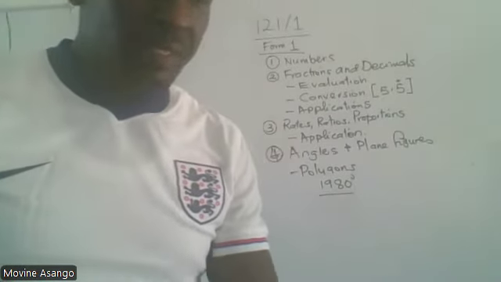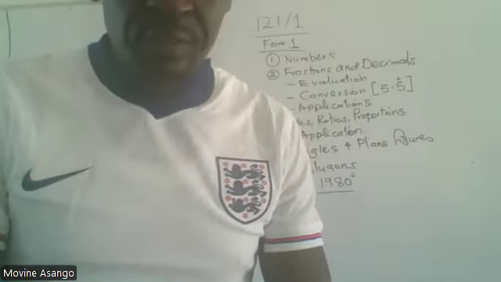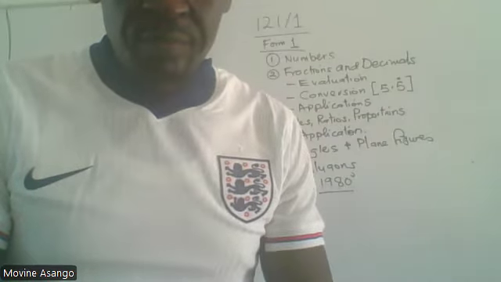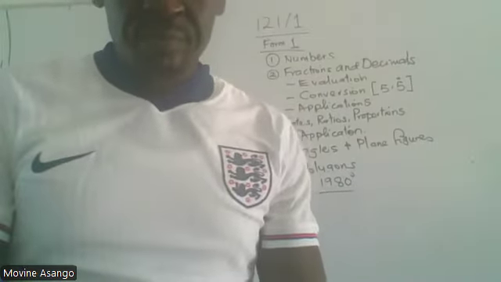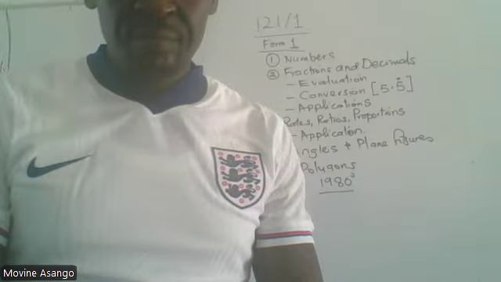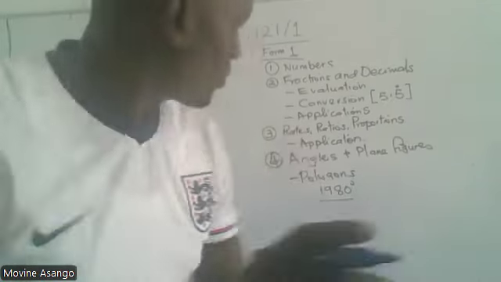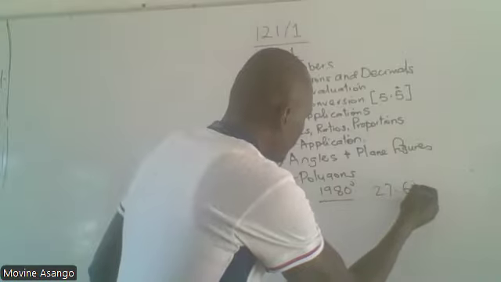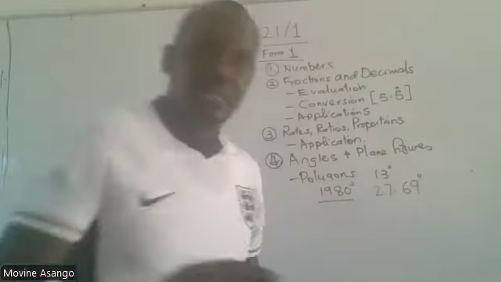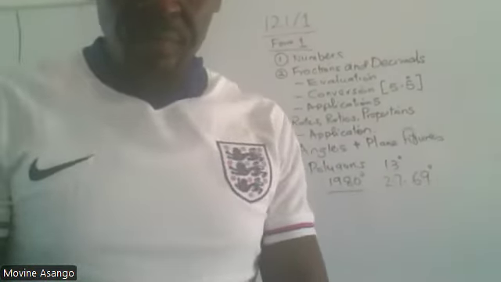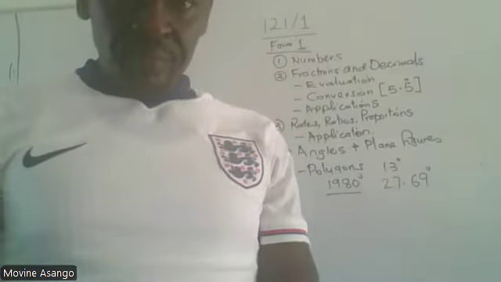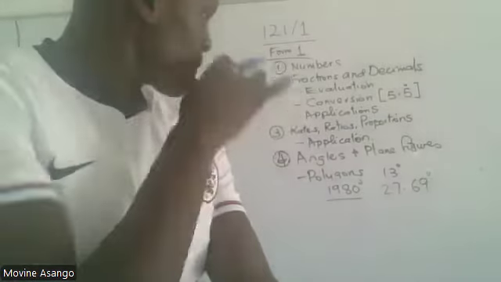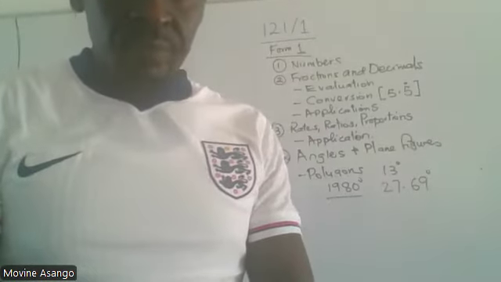13. Otieno? Basil? Unmute and say it. 27.69 degrees. 27.69, that's 13. Any other person? Yes, Bradley, unmute and say it. 27.69.